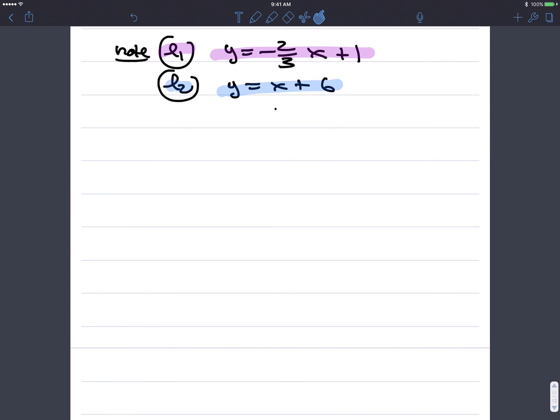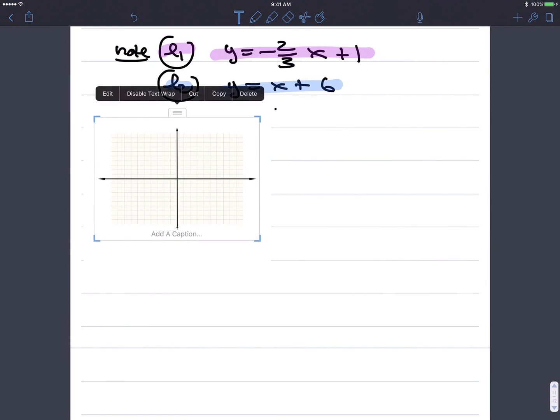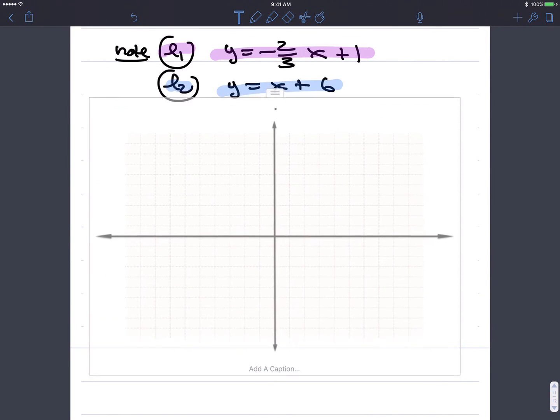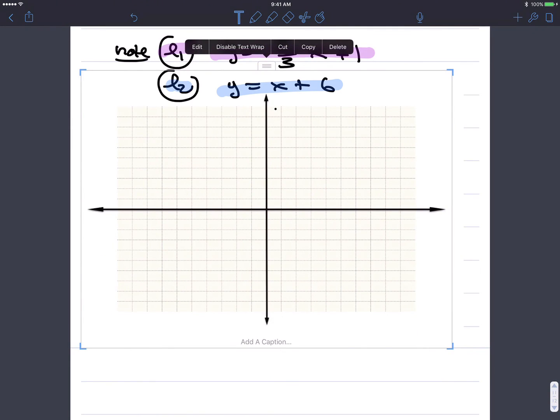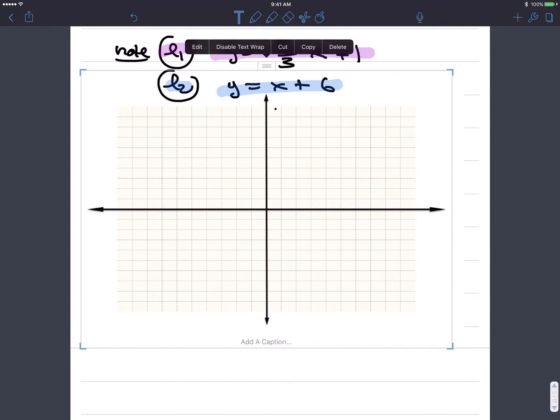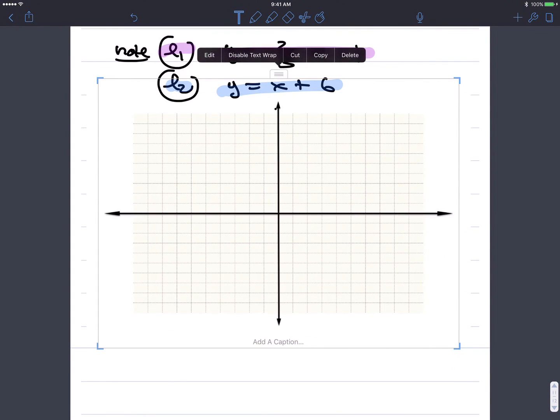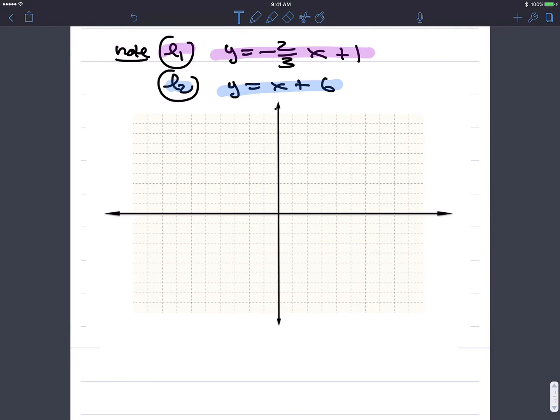Let's bring some graph paper here. Okay. x-axis, y-axis. We're going to start at the y-intercept at positive 1.